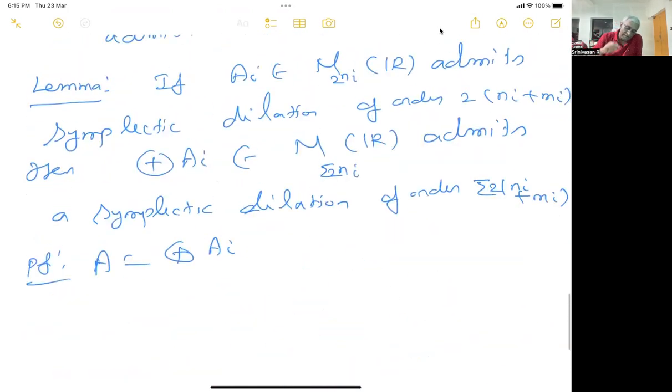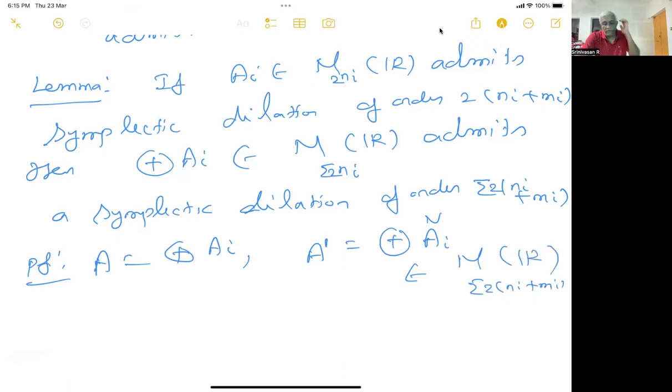Okay. So you take the direct sum. You want to say that this admits a symplectic dilation. Okay. So let's call it, A tilde is not the right candidate, but I will write A prime. A prime equal to the direct sum of A tilde_i. So this is in M of summation 2N_i plus m_i, R. Okay.